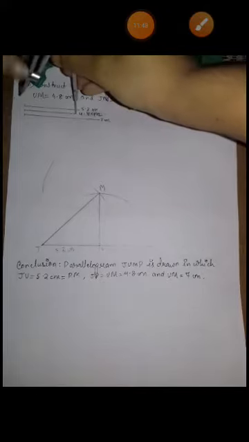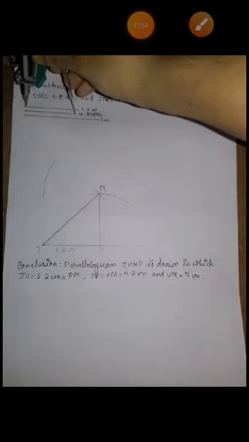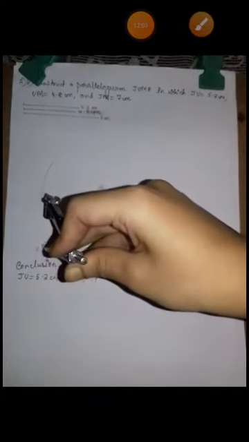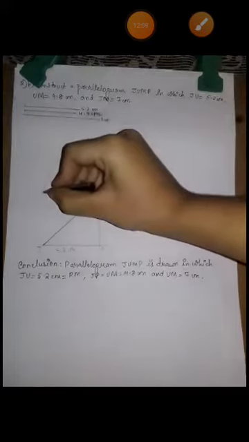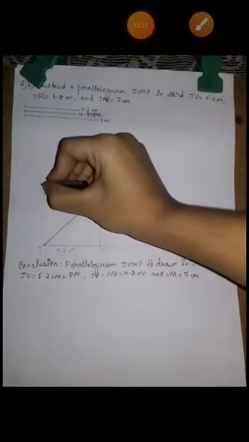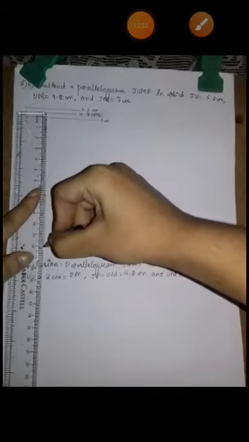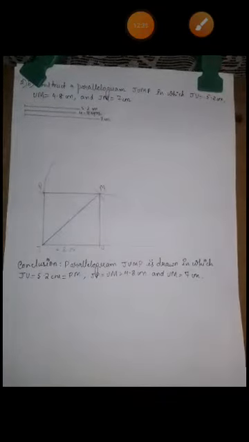So again you are taking the length 4.8 centimeter and cutting over here. Alright. So you have got this point which will be P. This vertex is P. So we have finally got the fourth vertex of the parallelogram. And then you are joining the vertices by drawing straight lines with the help of scale.